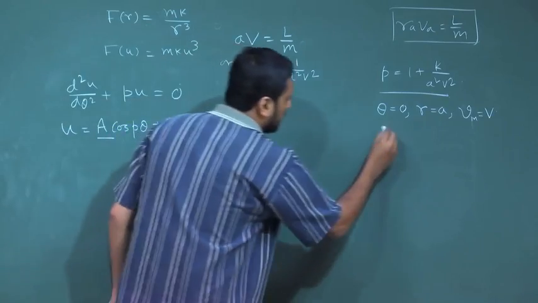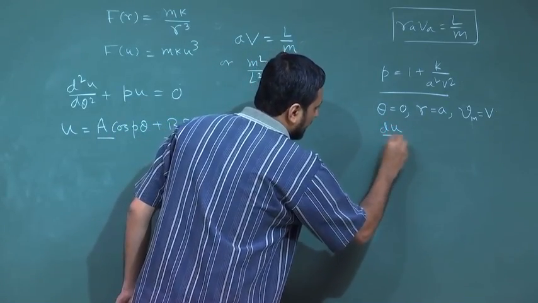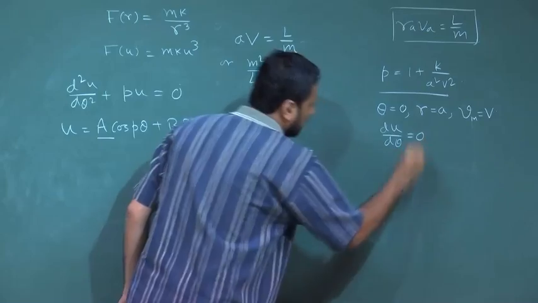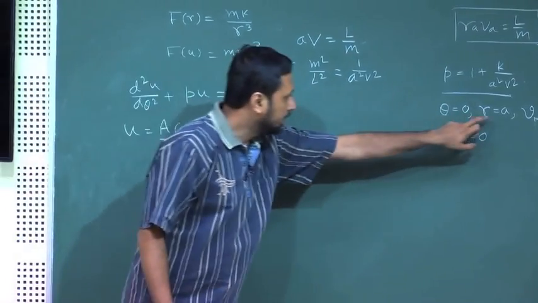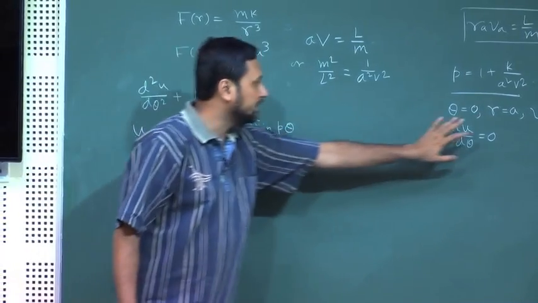And also recall that at an apse du d theta equal to 0, right. So, we need two initial conditions, we essentially have three initial conditions.